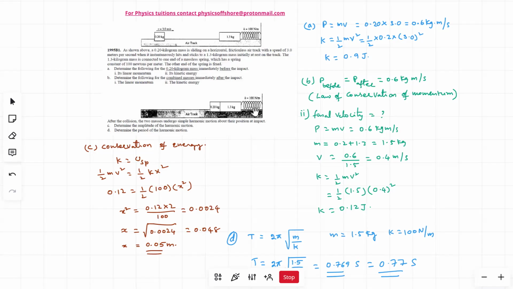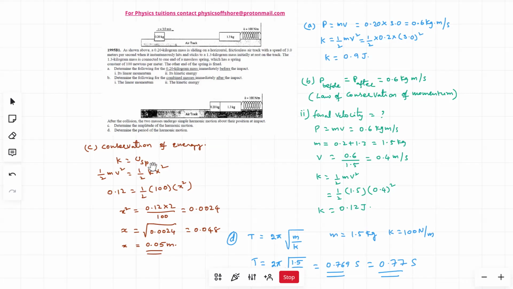The spring gets compressed, so work is done on the spring. That work is stored in the form of elastic potential energy. According to the law of conservation of energy, the entire initial energy is equal to the final energy, or the entire kinetic energy gets converted into elastic potential energy.